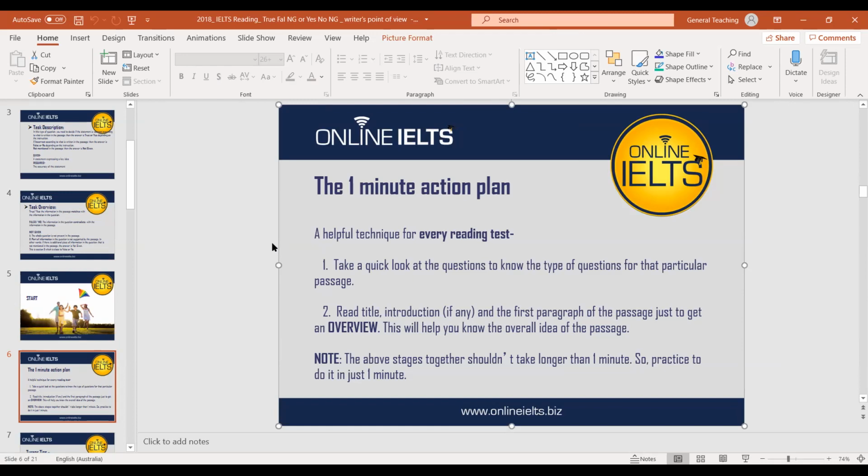First, take a quick look at the questions to know the type of questions for that particular passage. Number 2, read the little introduction and the first paragraph of the passage just to get an overview. This will help you know the overall idea of the passage. Note, the above stages together shouldn't take longer than 1 minute, so practice to do it in just 1 minute.